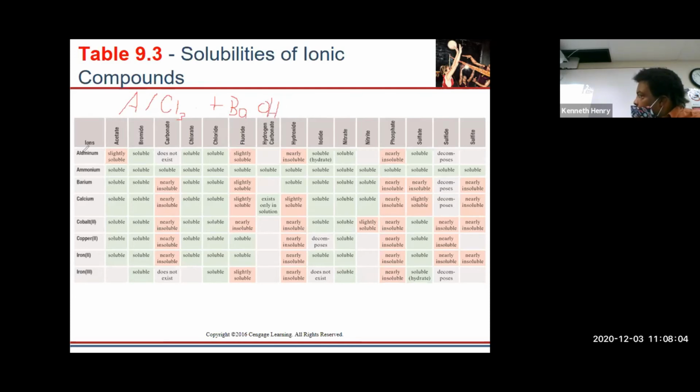If we have aluminum chloride, you go to aluminum and then chloride, and that's going to be soluble. So we're going to put it in solution. It's going to be aqueous.